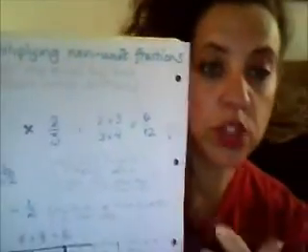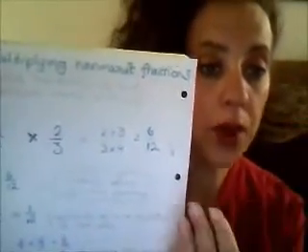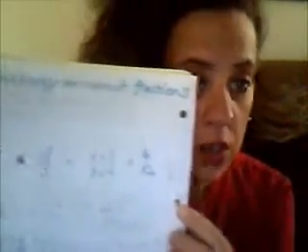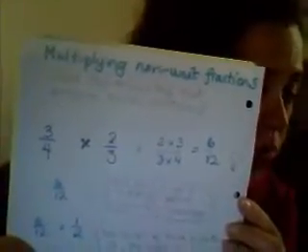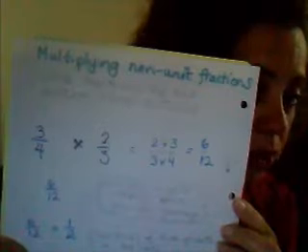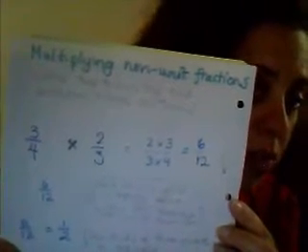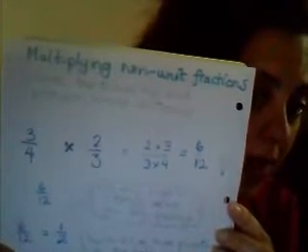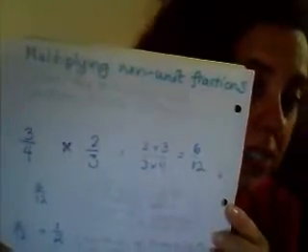If we remember, multiplying fractions, no big problem, top times top and bottom times bottom. So we've got 3 times 2 is 6, that's the numerator, top times top. 3 times 4, bottom times bottom, that's 12. That gives us 6/12. Now, you're all smart enough to look at that and know that 6/12 is not the finished article.